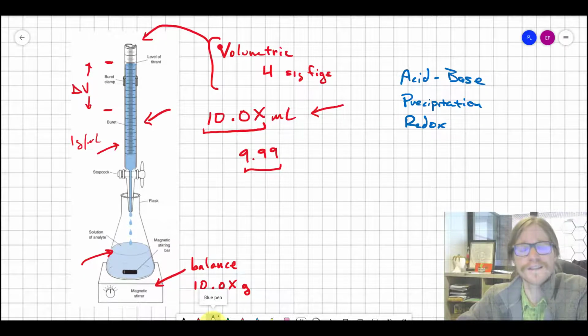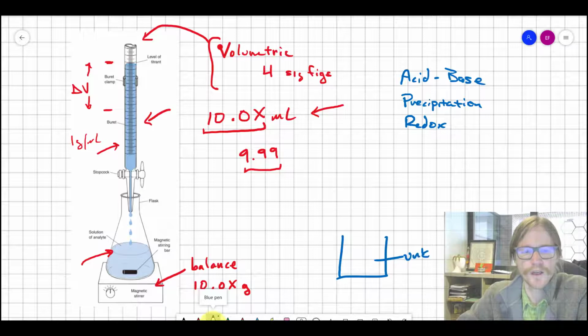And the whole basis there is that we have some sample, some unknown, and we have our titrant that we're dripping in, and the goal for a titration is to add exactly enough titrant such that the moles of titrant equal the moles of the unknown.